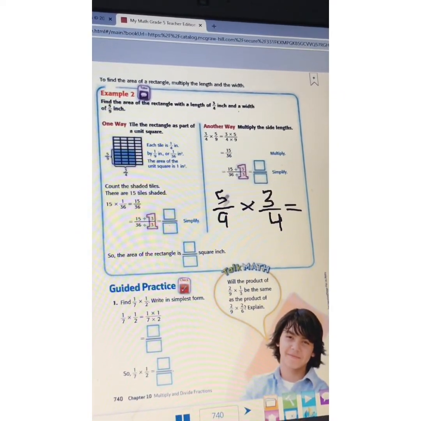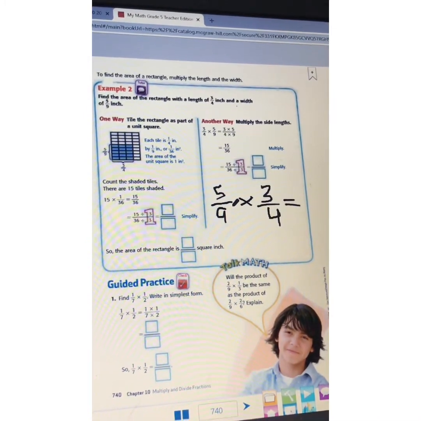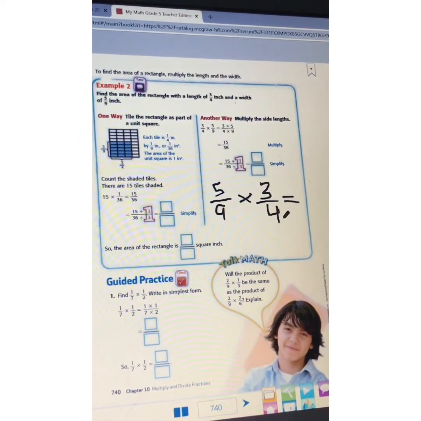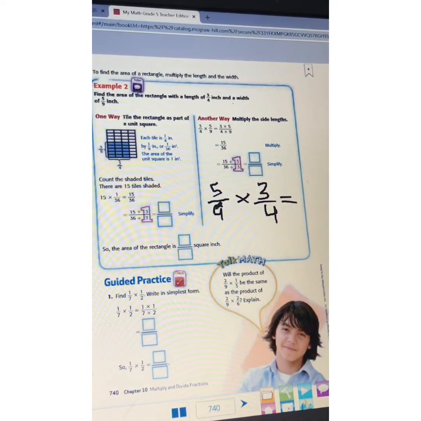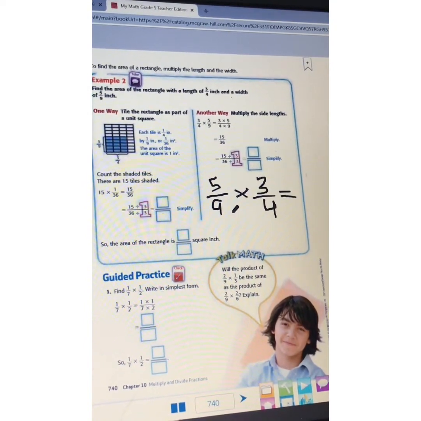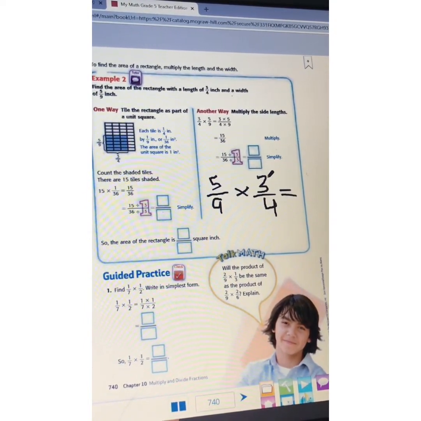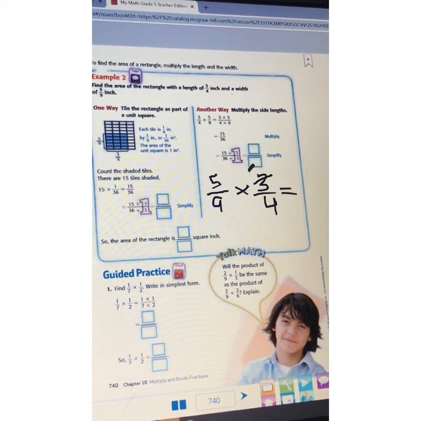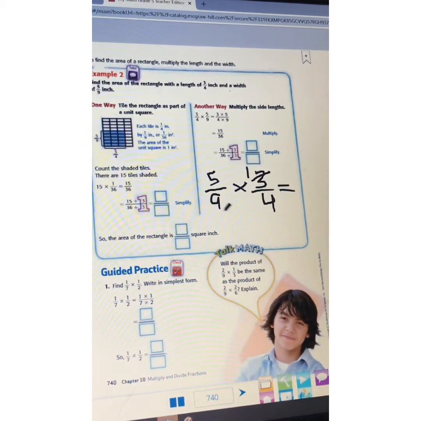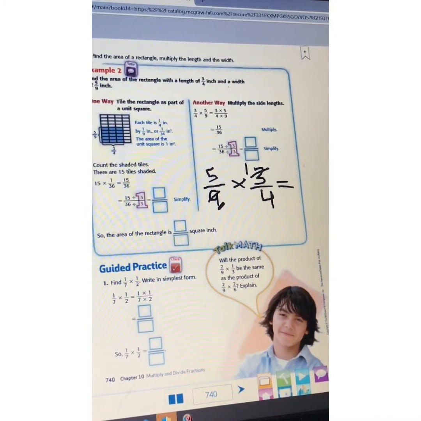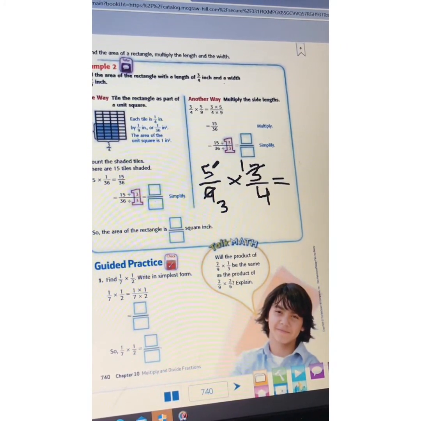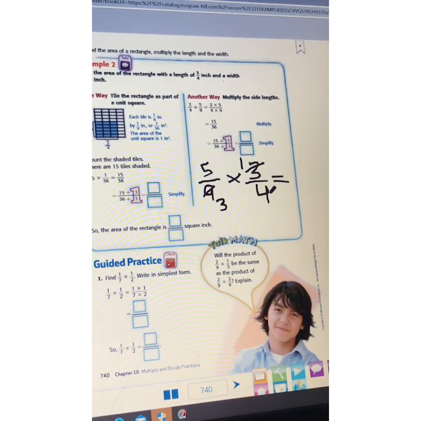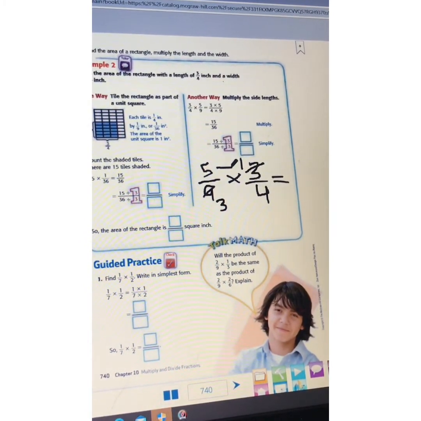Go ahead, let's try. 5 and 9, do they have a common factor? No. 5 and 4, do they have a common factor? No. Let's try this one. 3 and 9, do they have a common factor? Yes, by 3. Correct. So 3 divided by 3, that's 1. And 9 divided by 3 is 3. After that, I'll check if they have a common factor. 5 and 3 don't have. 5 and 4 again don't have. After cancellation, we can now do multiplication.